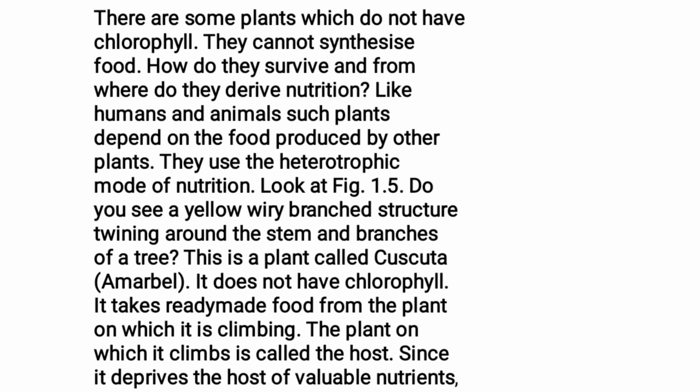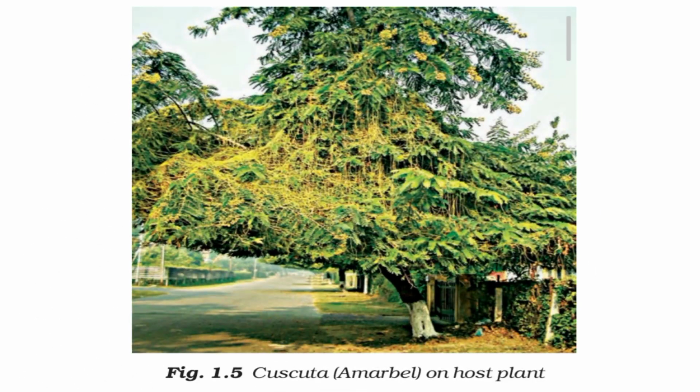So here let us begin with the heterotrophic mode of nutrition. I'll show you an image. Figure 1.5. Here you can see some yellow wiry thing climbing on a green plant. This yellow wiry thing is a type of plant, Cuscuta or Amarbel. It is withdrawing nutrients from that green plant.